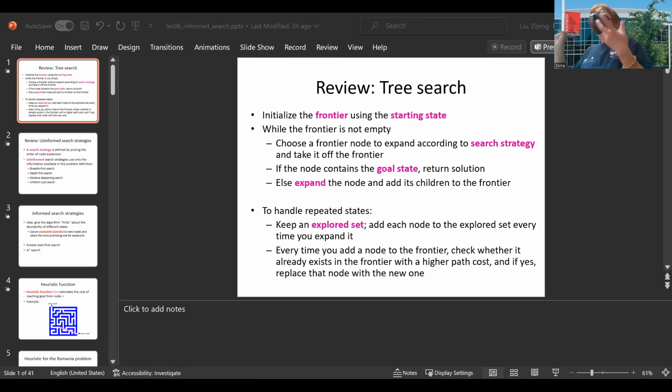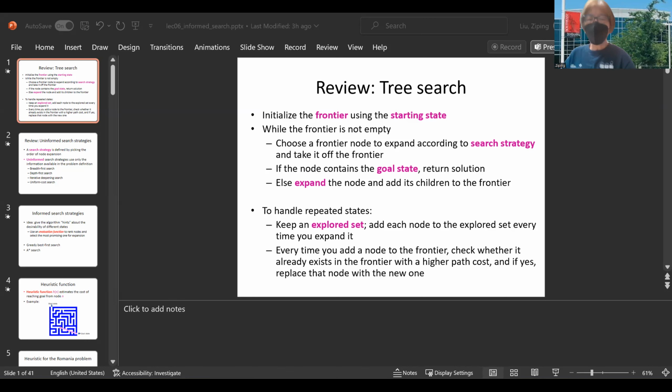It's the sum of g and h. What is g? g is the cost to the current node, the actual cost. So in this case, you not only consider the heuristic, you also consider the actual distance. Okay, actual cost.